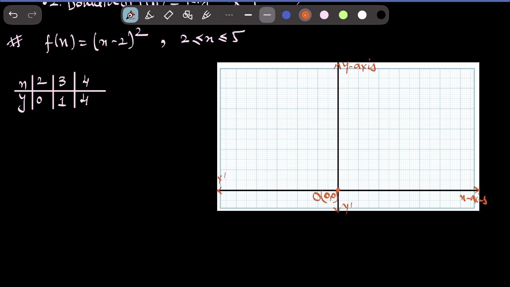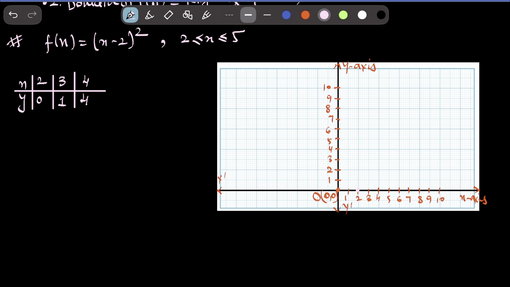I will be taking this as 1 2 3 4 5 6 7 8 9 10. Okay, in the same way I am going to mark the other axis: 1 2 3 4 5 6 7 8 9 10. Okay. Yes, so now we are going to plot the graph for the given function.